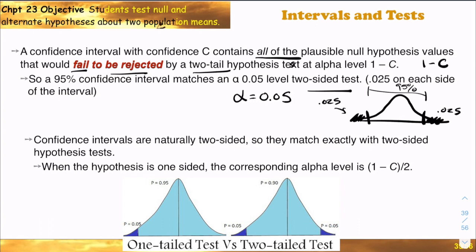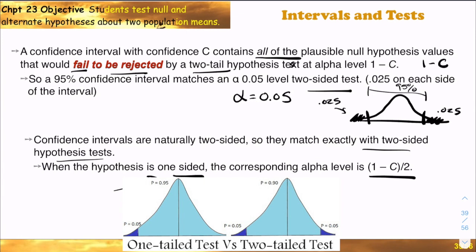So confidence intervals are naturally two-sided, so they match exactly with two-sided hypothesis tests. That's when they're pretty easy to do. When hypothesis tests are one-sided, though, the corresponding alpha level is (1 minus C) over 2.